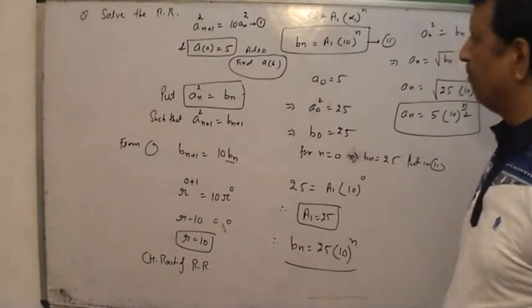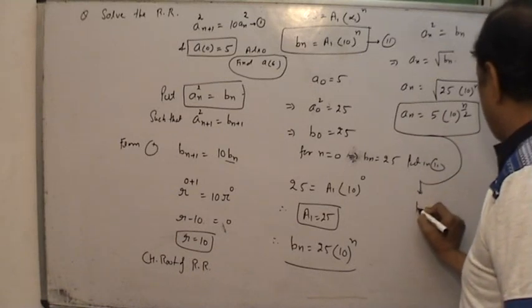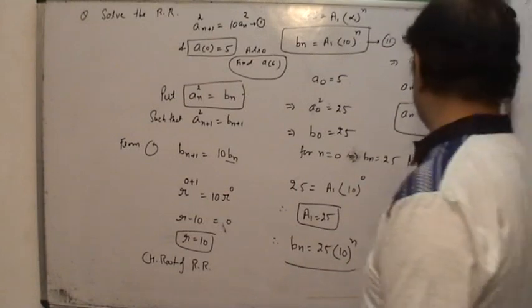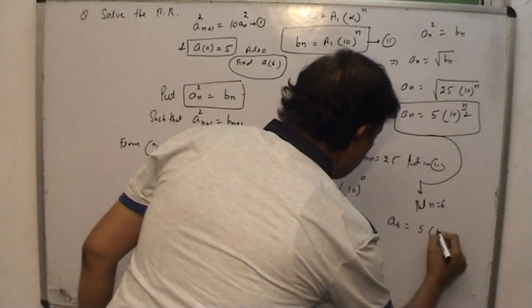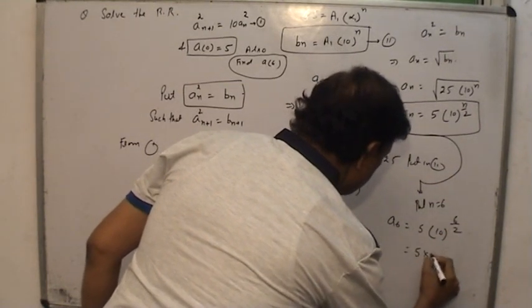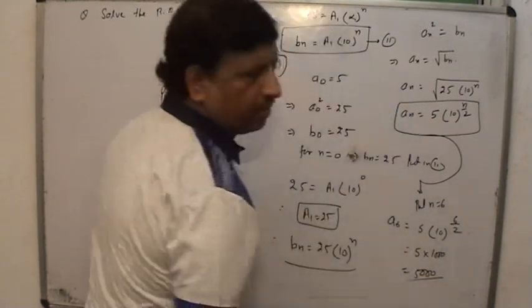Then what does it say? Find a6. For a6, we put n is equal to 6. Then a6 is equal to 5 into 10 raised to the power 6 by 2. That is 5 into 1000, and that is equal to 5000.